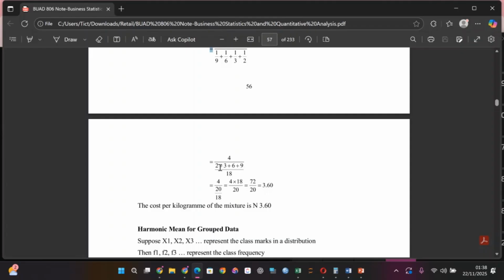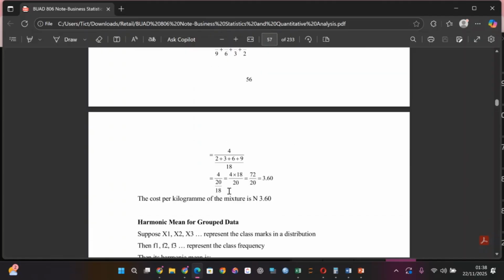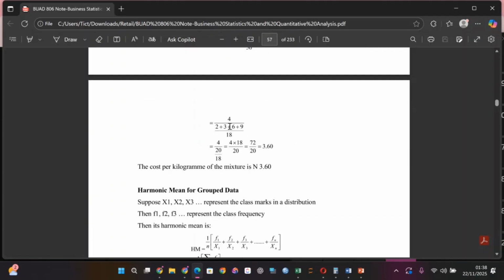So now you do 2 divided by 18, 3 divided by 18, 6 divided by 18, and 9 divided by 18. That's why they put everything here to say 2 plus 3 plus 5 plus 6. Because you have now reciprocated, you turn the whole thing the other side. Then you put it like that, and you have 2 plus 3 plus 5 plus this, and that's why they have gotten 20 over 18. Do you understand?